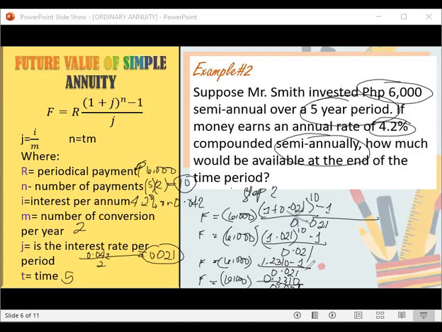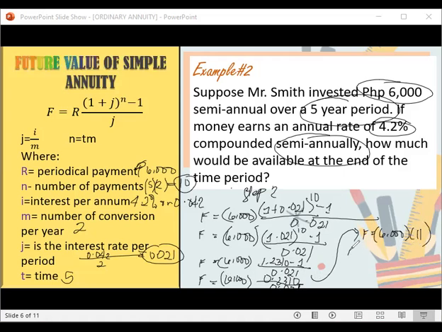Okay, there, we're almost there. Next is, we can now divide them. So, 0.2310 divided by 0.021. So, for the future value, let's first copy this 6,000 times 11.